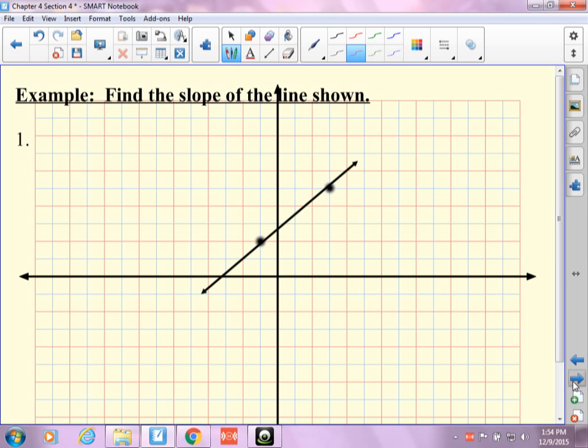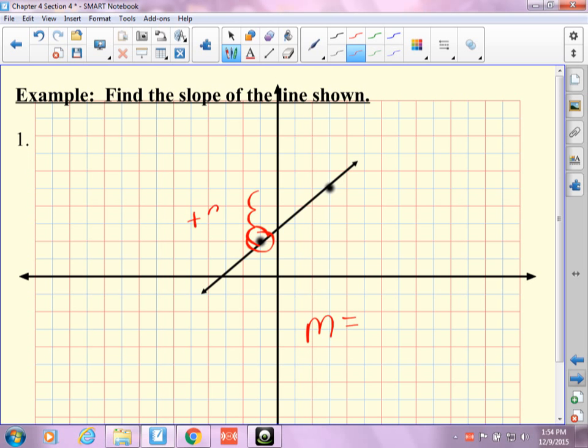Okay? So let's look at this first one. Now we pick the dot closest to the left-hand side. So I'm going to start with this dot right here. Essentially what this is, is directions. Like, what do I do with this dot right here to get to the other dot? So M equals, notice that I'm going to move up 1, 2, 3 spots.